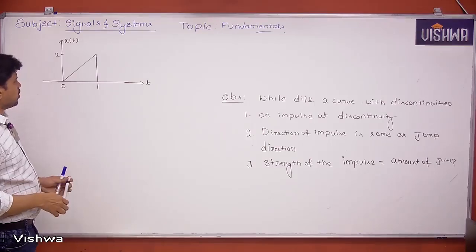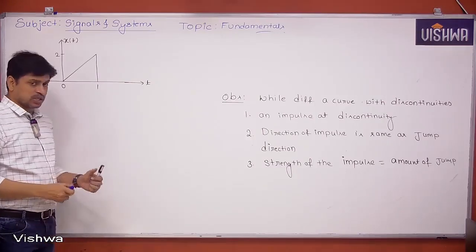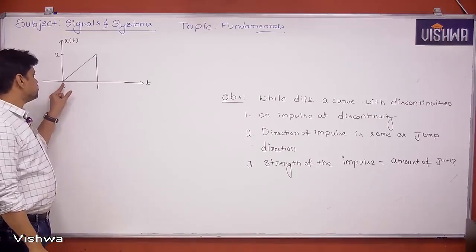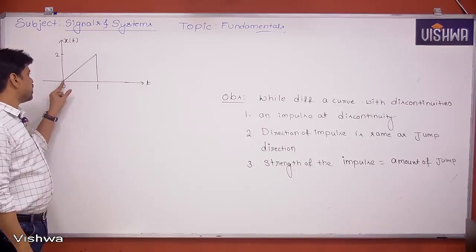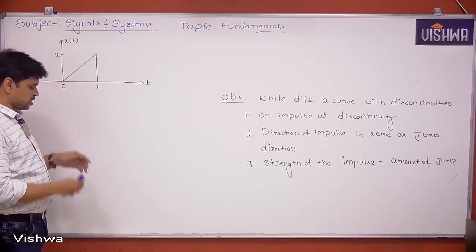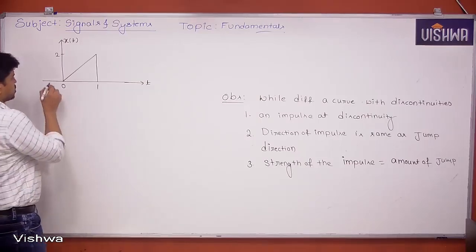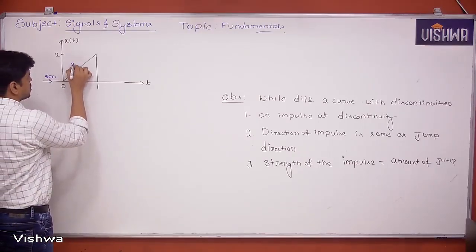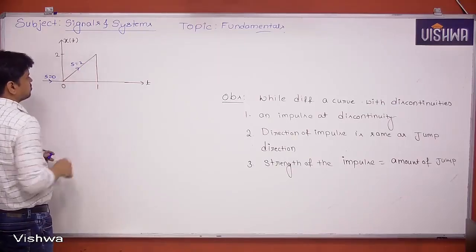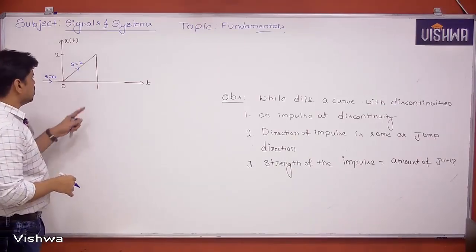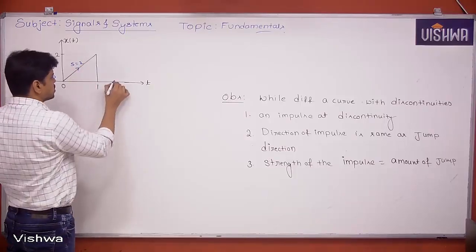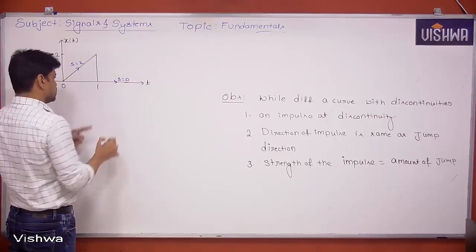Here also we have to observe the points. See here, what is 0? At this point we are having only slope change. Up to this point slope is 0. After this slope is 2 by 1. At 1 we are having slope change. Here is the slope 2, here is the slope 0. So it is also a corner point.